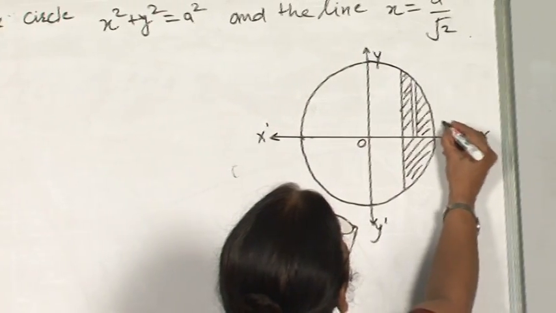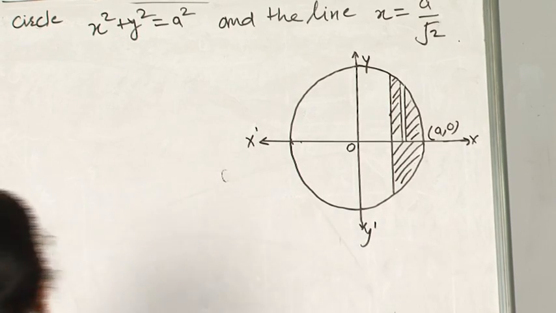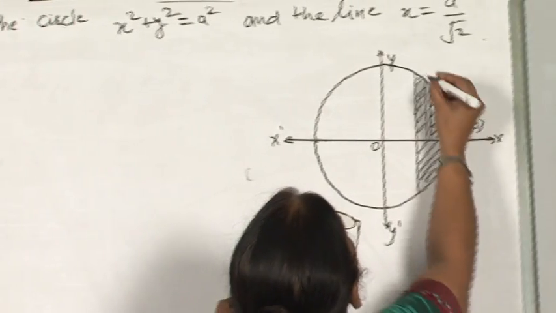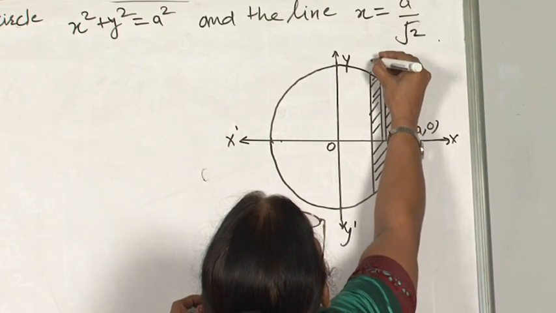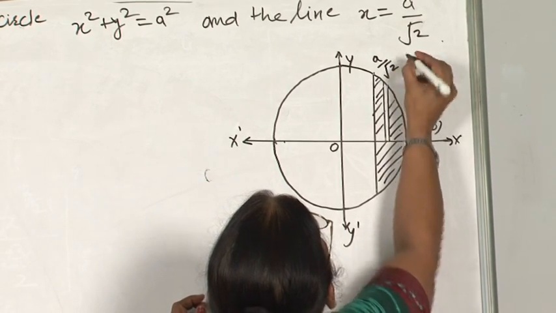So, coordinates of this point are a and 0, and x is equal to a upon root 2 is a line parallel to y axis. So, x coordinate of this point is a upon root 2.